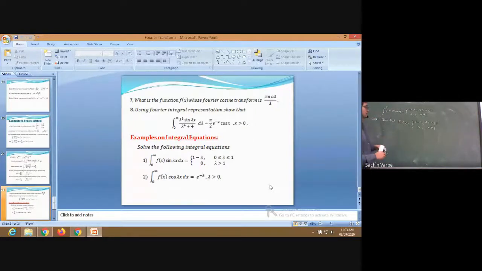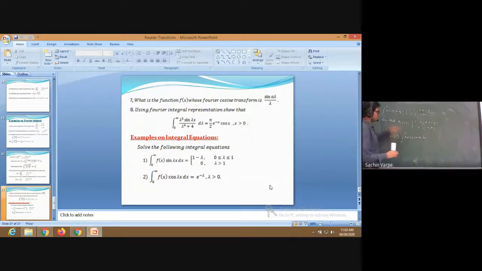Therefore the Fourier sine integral is f(x) equals 2 by pi integral from 0 to infinity Fs(lambda) sine lambda x d lambda. So substitute the value of Fs of lambda.